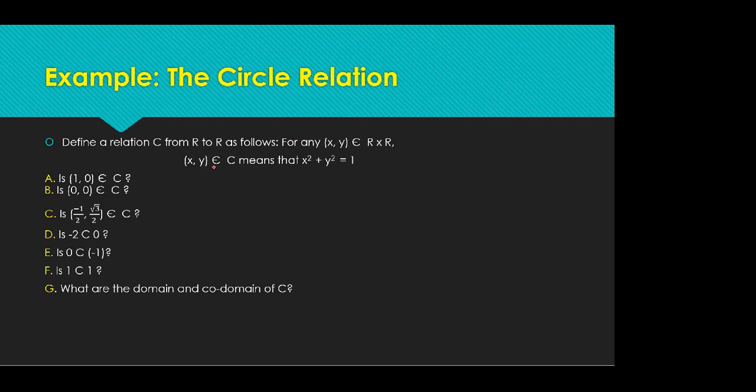For the ordered pair to be an element of C, it means that x squared plus y squared should be equal to 1. So for this kind of set, we have to test if the ordered pair will satisfy this condition. Get it? Yes, sir.